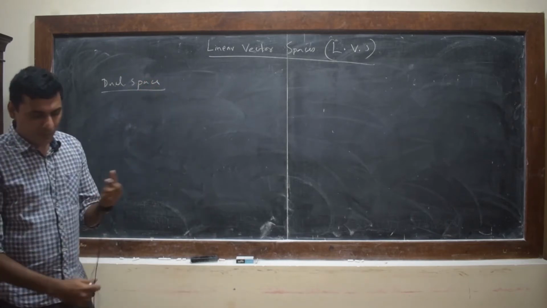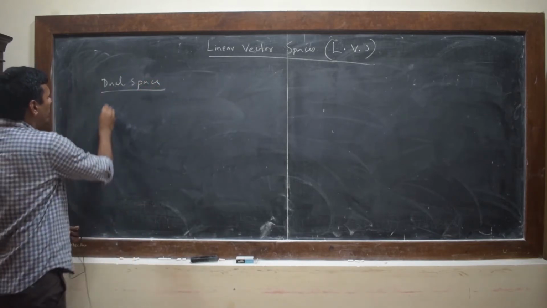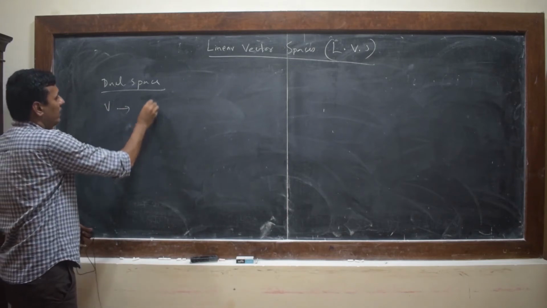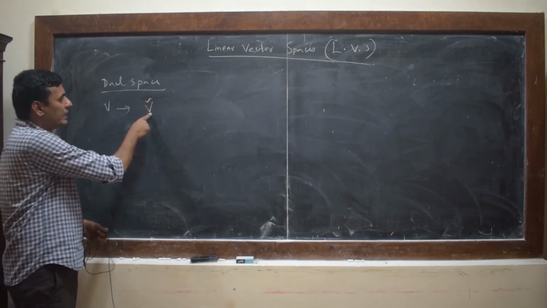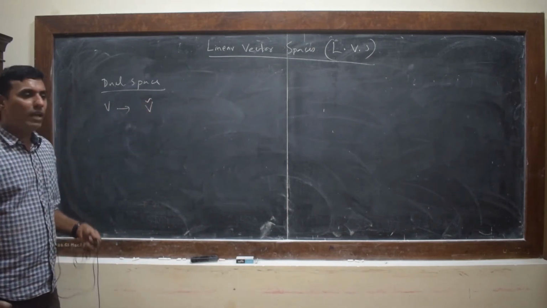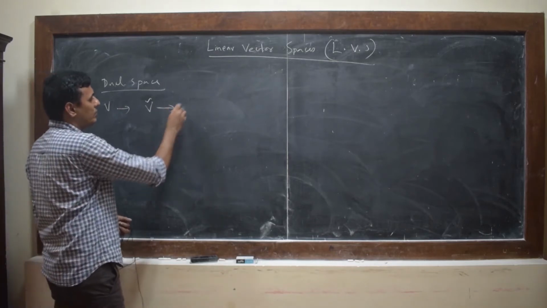For every vector space V, there exists a dual space, which is denoted by V tilde. That is also a vector space.